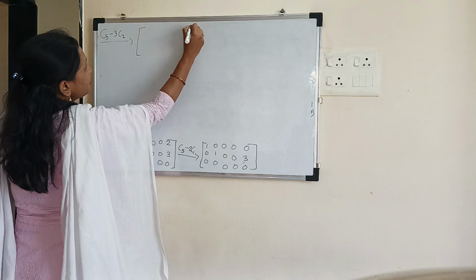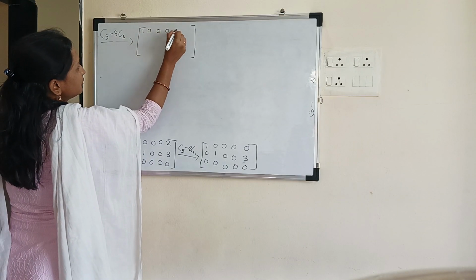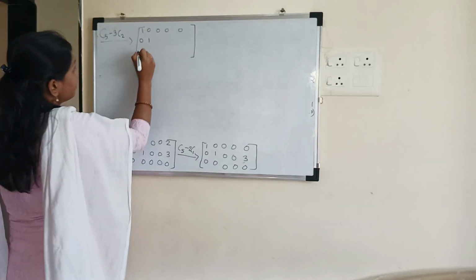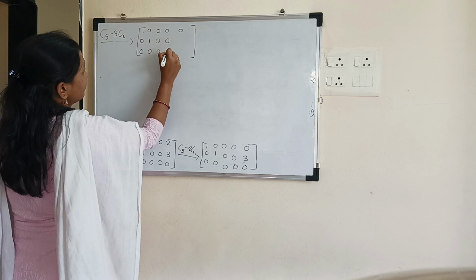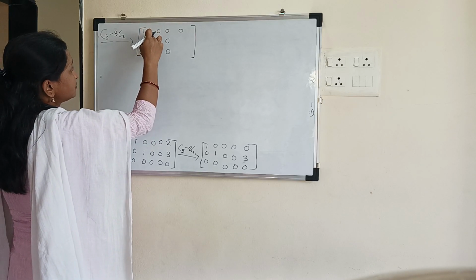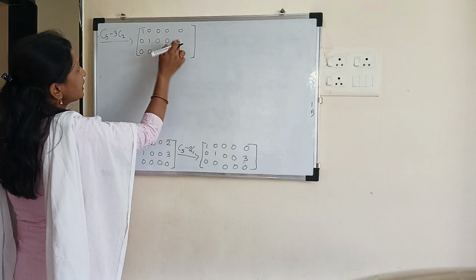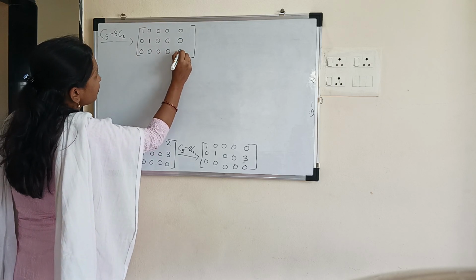So this will give you, the first row will be as it is, second row 0 1. 0 minus 3 times 0, so it will be 0. 3 minus 3 times 1, it will be 0. 0 minus 3 times 0, it will be 0.